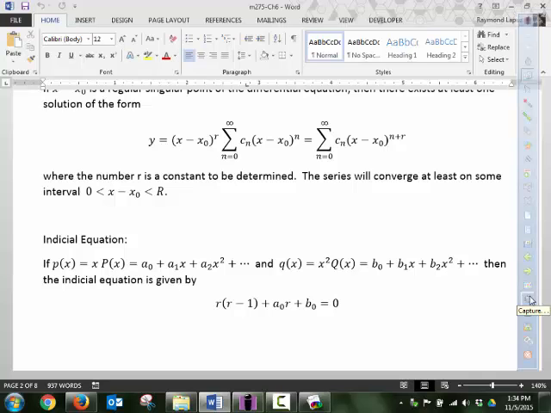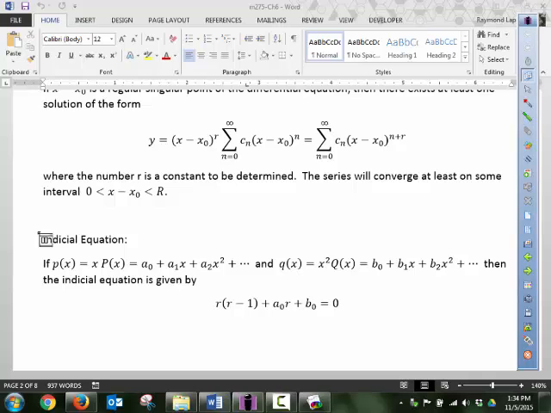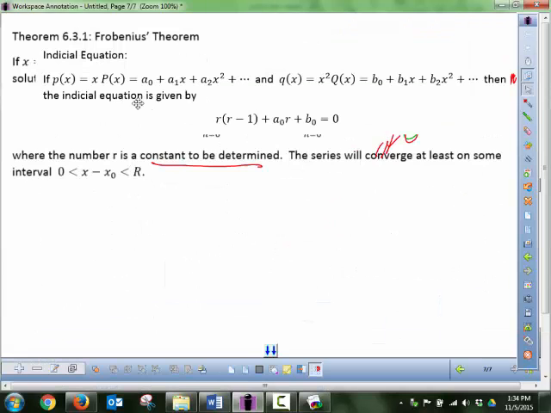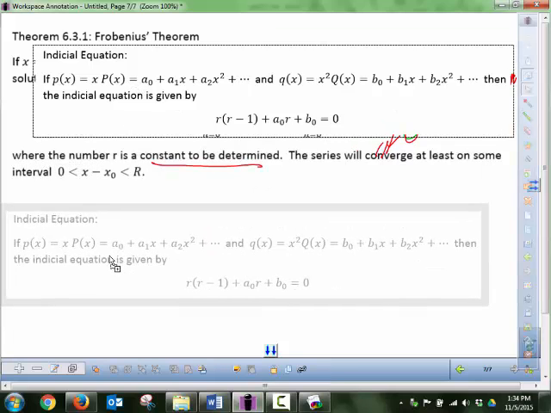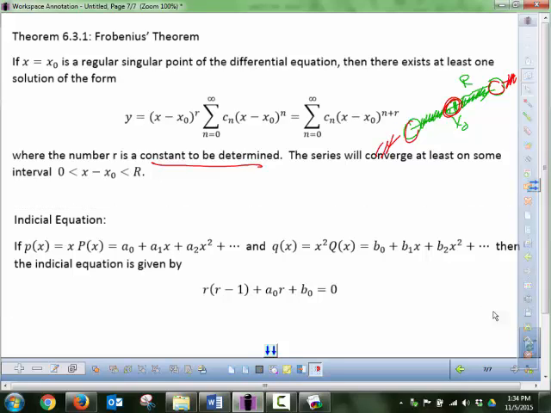Indicial. What's indicial? I looked it up in a dictionary and it says to be indicative of. I thought, wow, that's not useful.